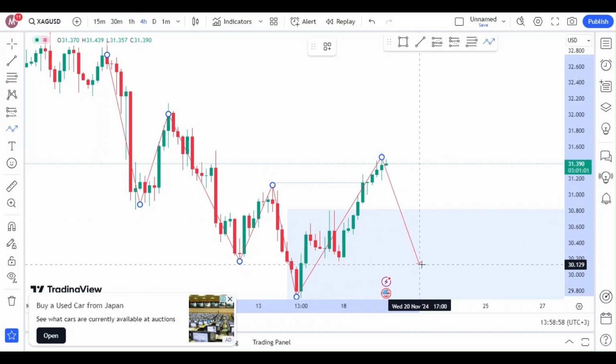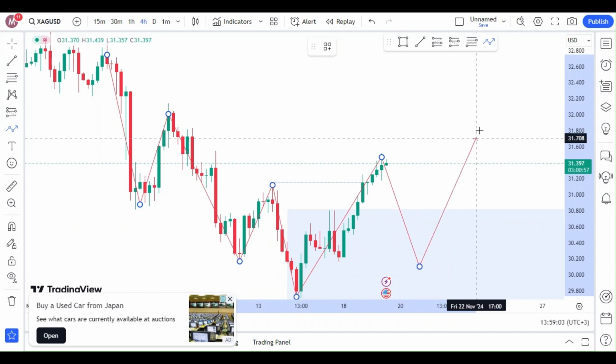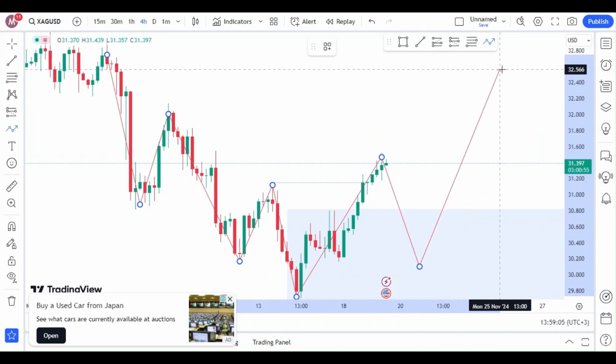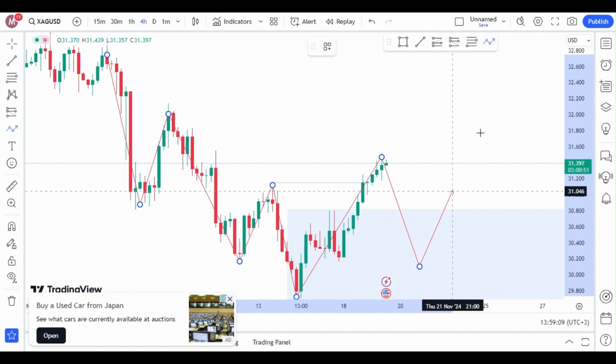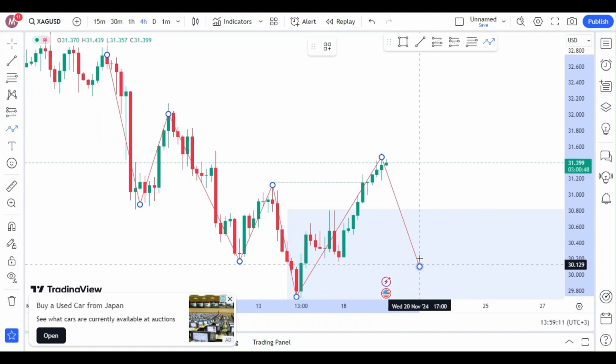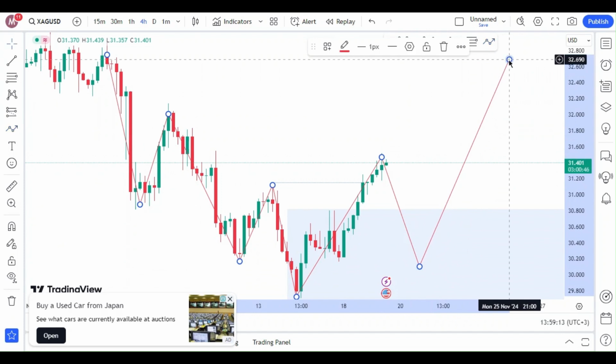So we can expect some bullish momentum to kick in at any given moment. We can actually expect a move like this: price comes, trades into this zone, and we drop to the 15-minute time frame to capture the move to the upside, just as we saw on the daily time frame.